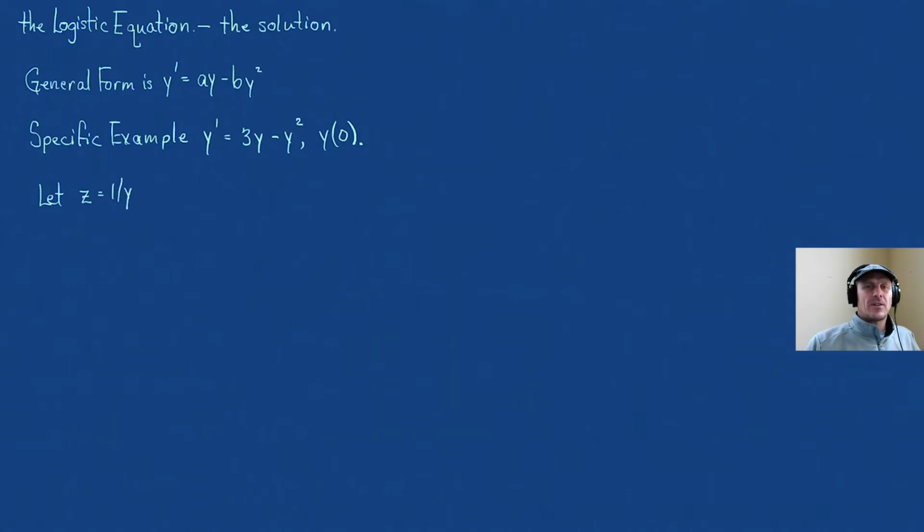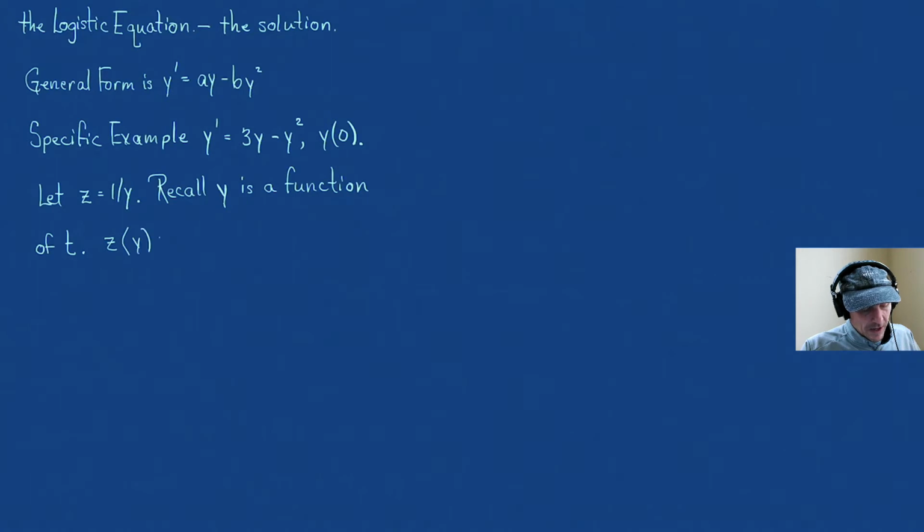Now, this looks simple on the surface, but let's think about what y is. Recall, y is a function of t. I just wrote z as a function of y, where z is 1 over y.